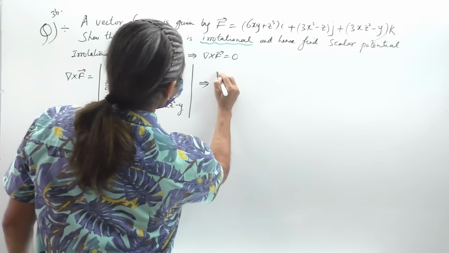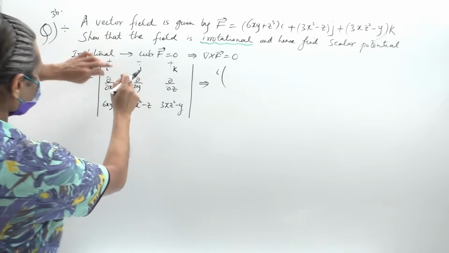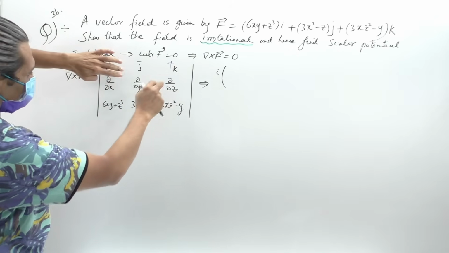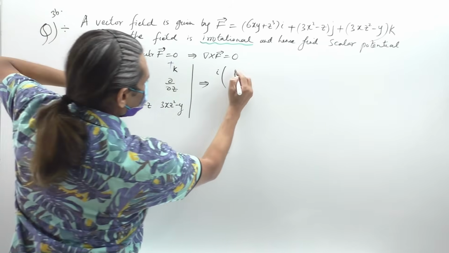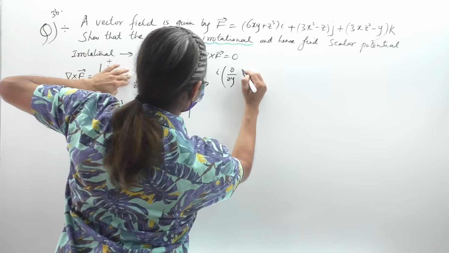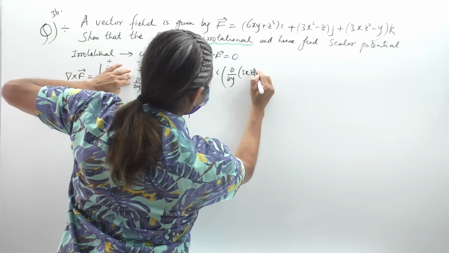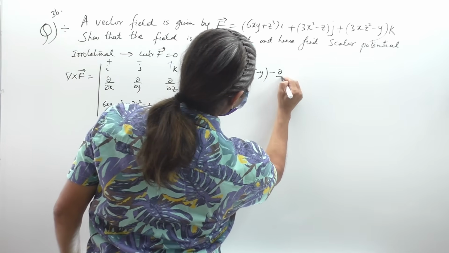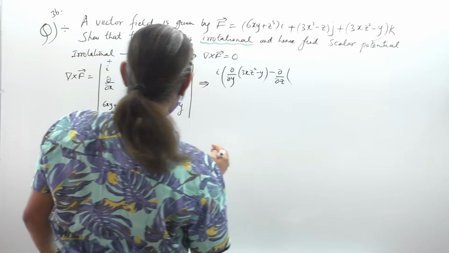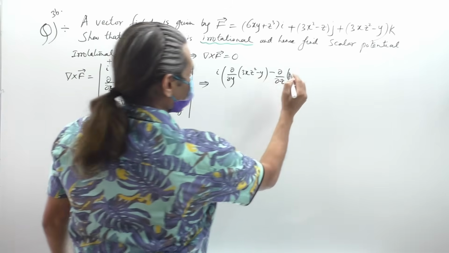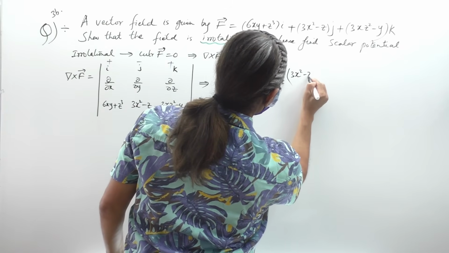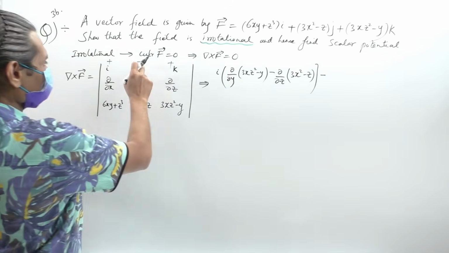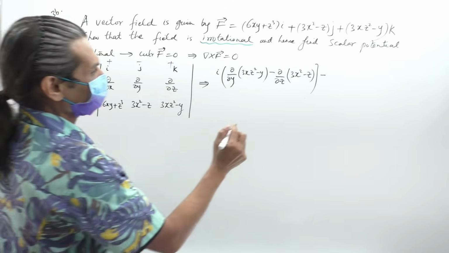It is i into, see, leave this column, leave the row including i. This into this. So I write here dou by dou y of 3xz square minus y, minus dou by dou z of 3x square minus z, bracket closed. Minus, the second term is always minus, into j.